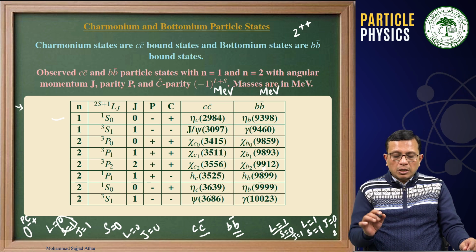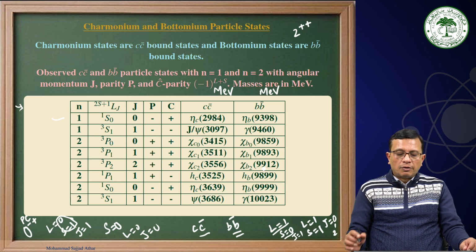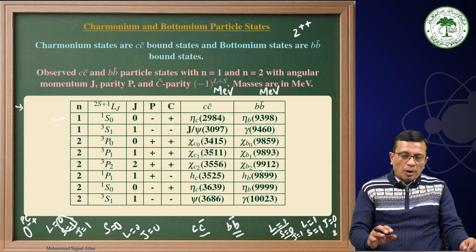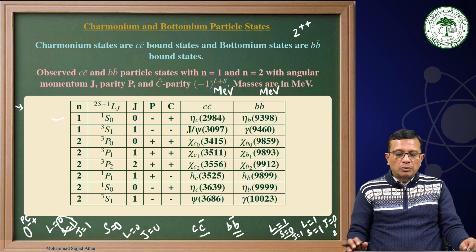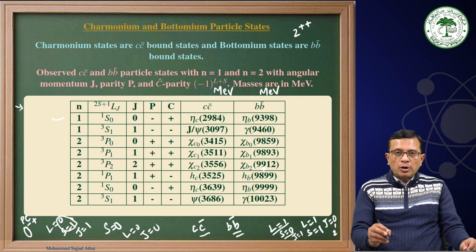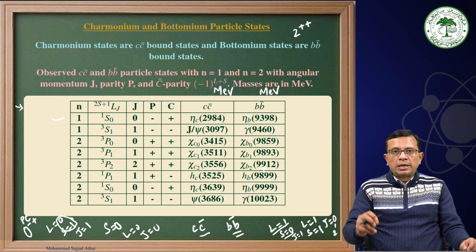Therefore, when we talk about parity and C-parity for the different bound systems, these different bound systems define the states, and corresponding to that you get different observed particles.